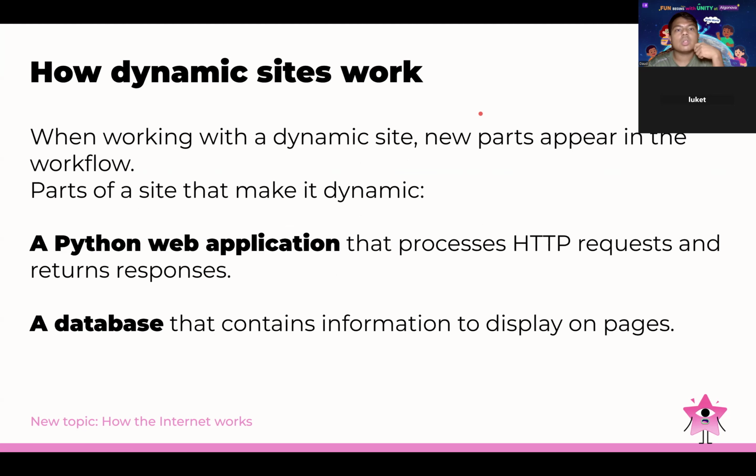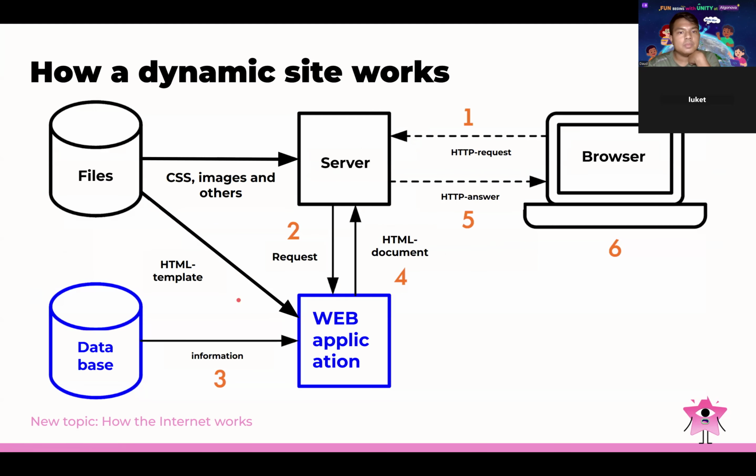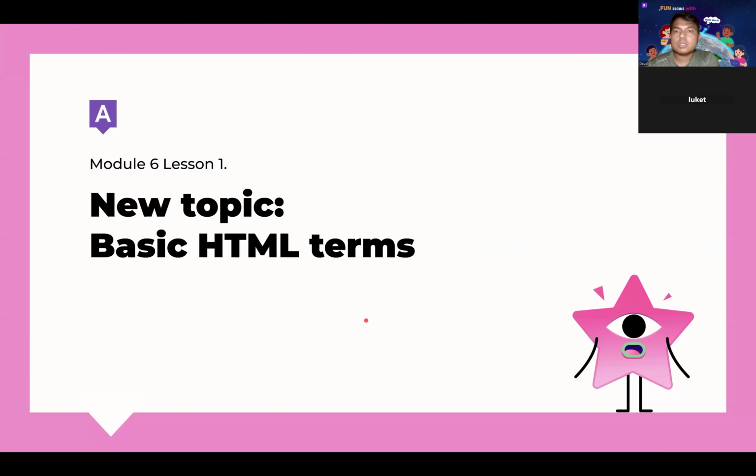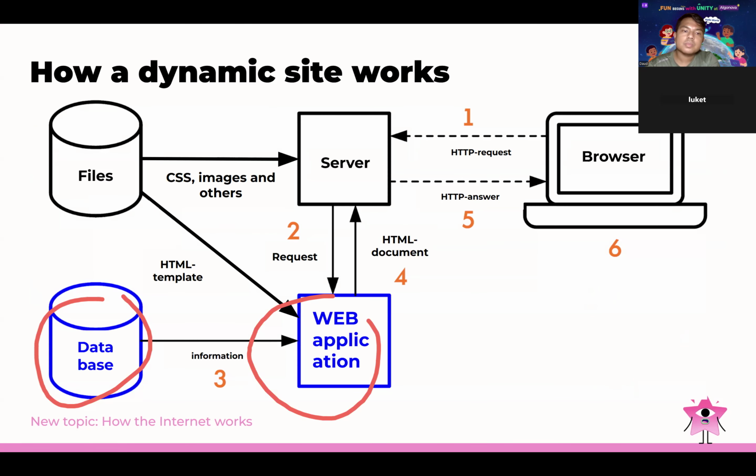We call it a dynamic website because there you can use a database and also Python web applications. The dynamic website is also more complicated because you need to access the database and the web applications, and show it to the client. Do you have any questions? No, sir.